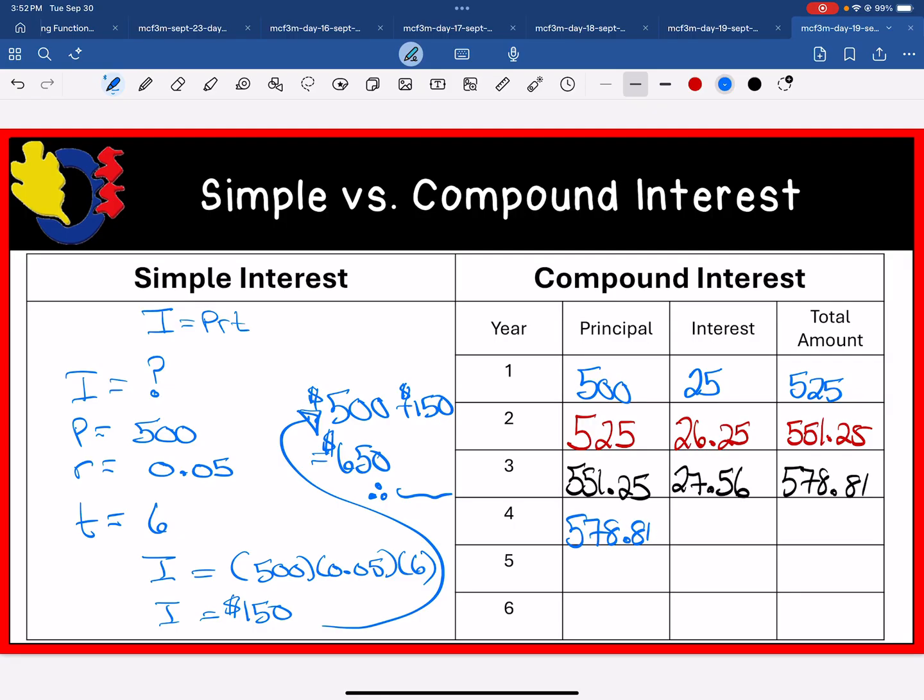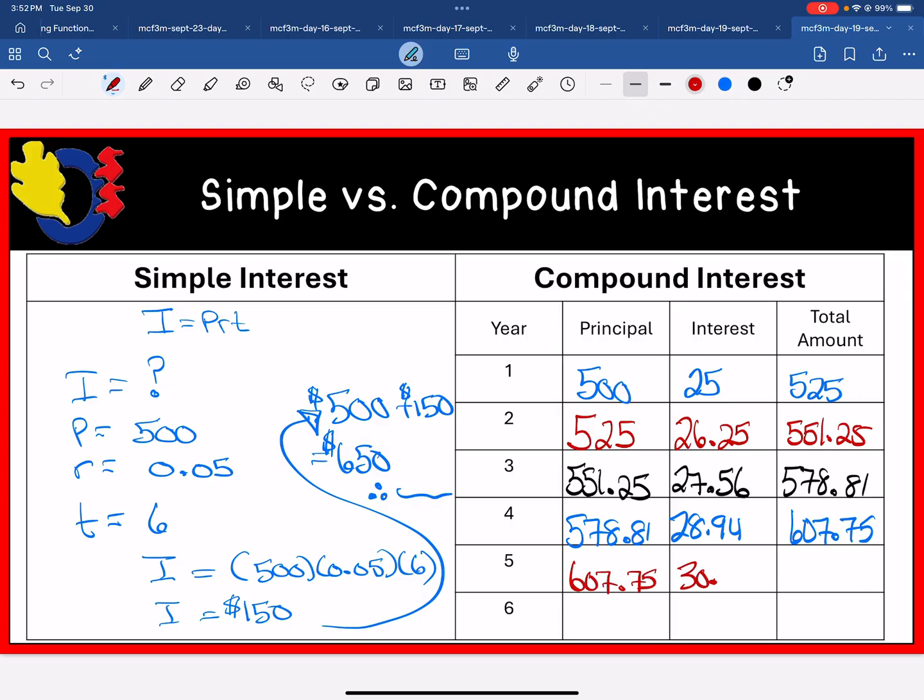Okay, so we get $28.94 for interest in year four, $607.75. So now that's the principal in year 5.